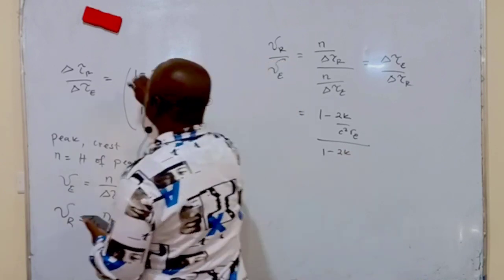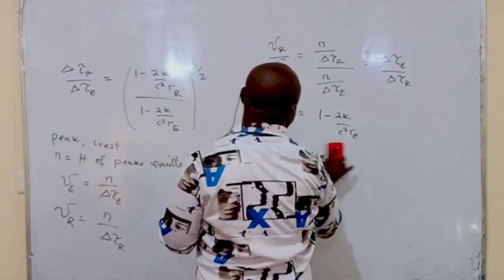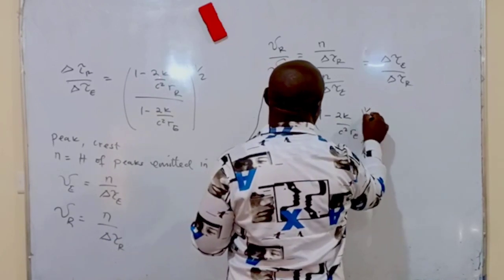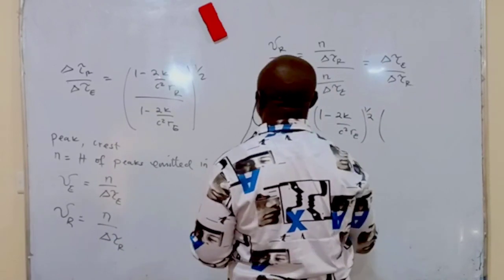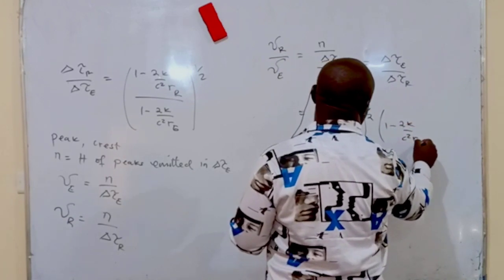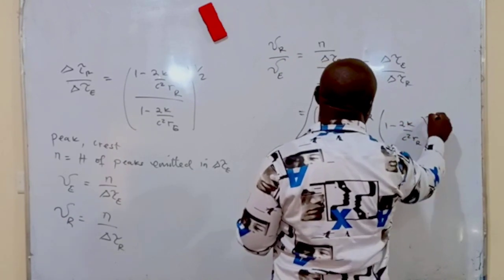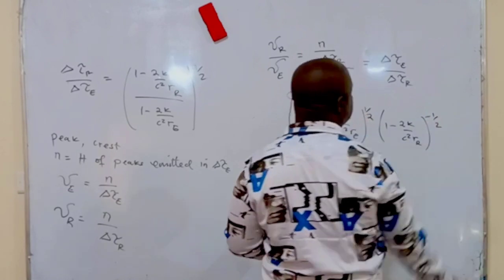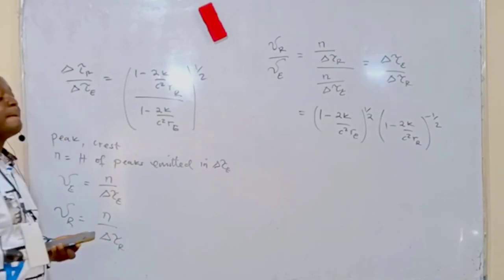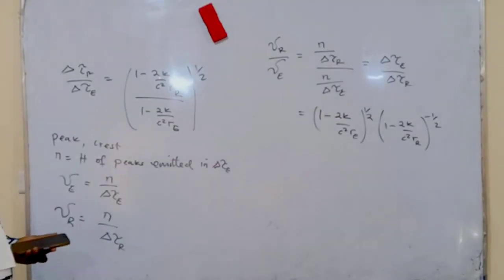Let me write it the other way. It's the same as this to the power a half times this to the power minus a half. So we have that.